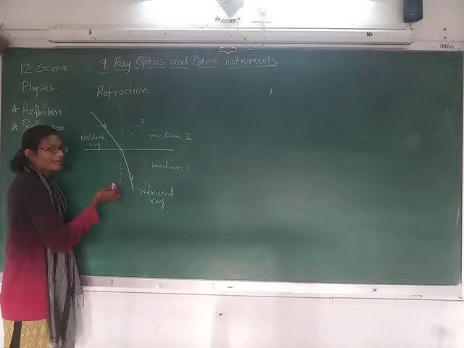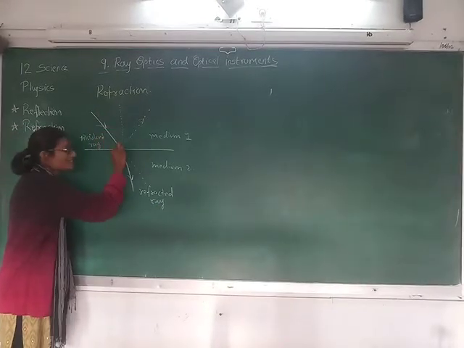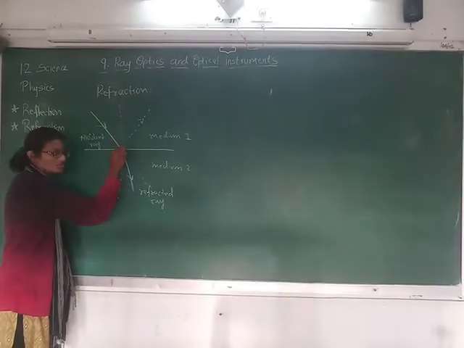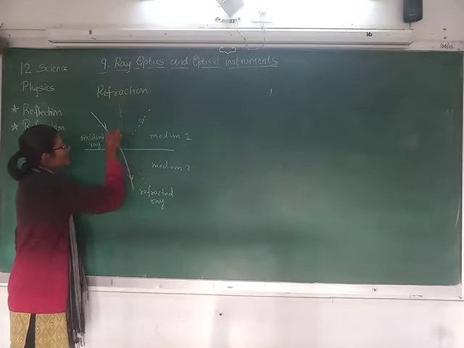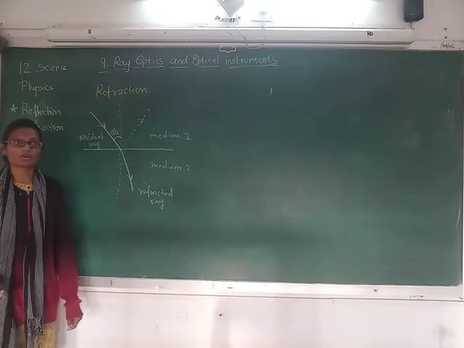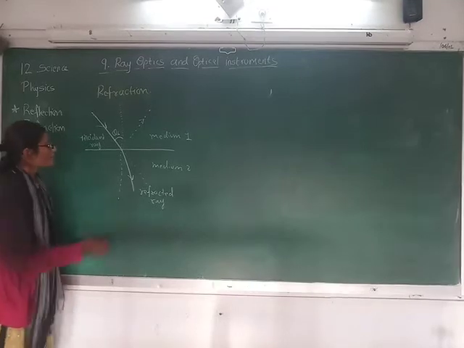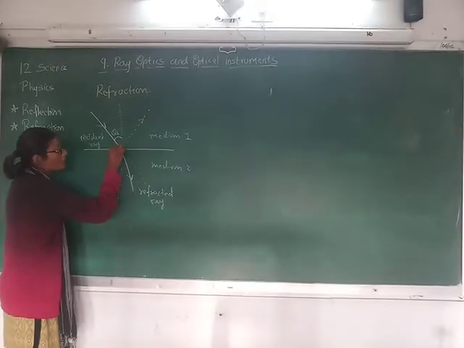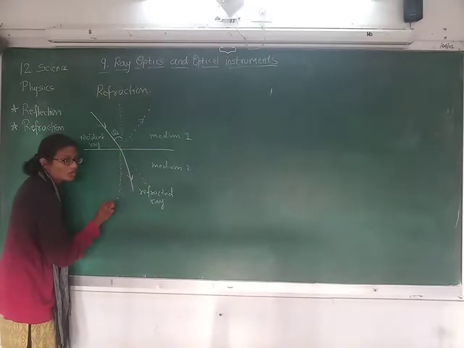Okay. Again, this incident ray makes an angle with this normal. So that angle is called the incident angle or angle of incidence. In the same way, the refracted ray makes an angle with the normal.